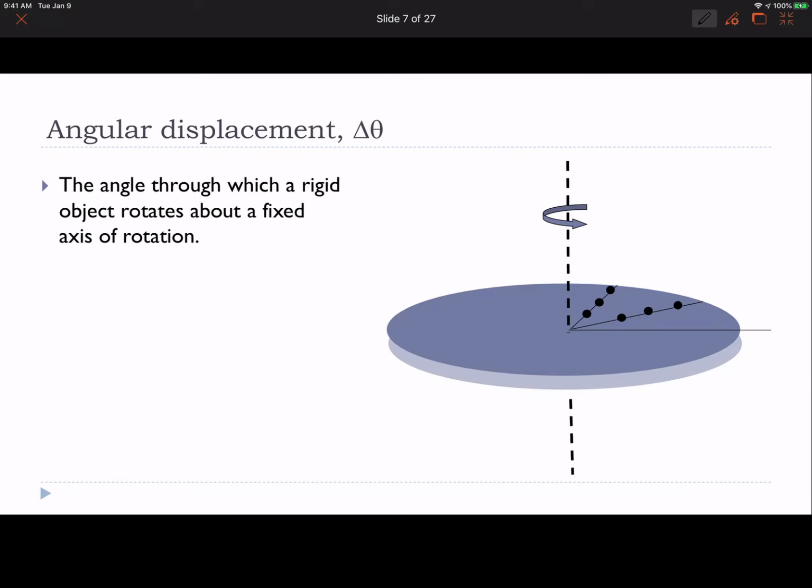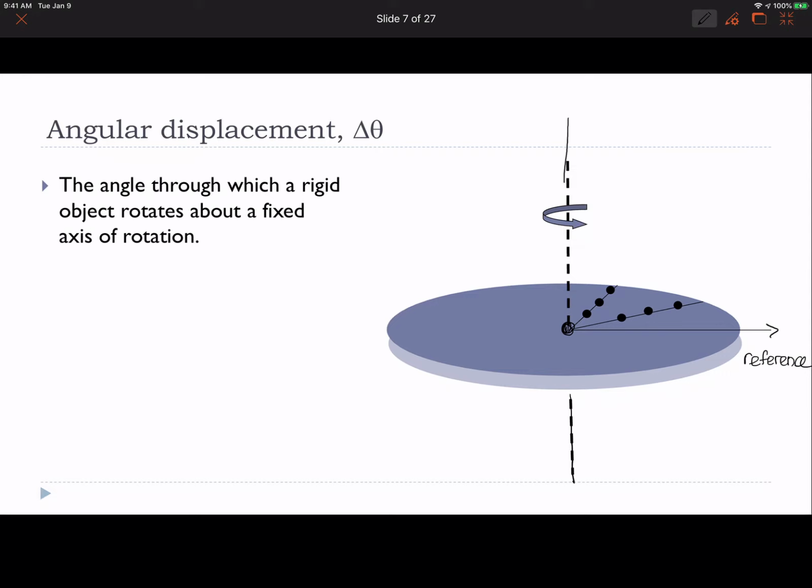So here's another representation of a similar picture of a disk. And so now we have our axis of rotation that's passing through the center. This is more of a three-dimensional picture, and we're looking at it where before we were sort of looking down. And so we have some reference line here, and we can measure points on the disk relative to that reference line.